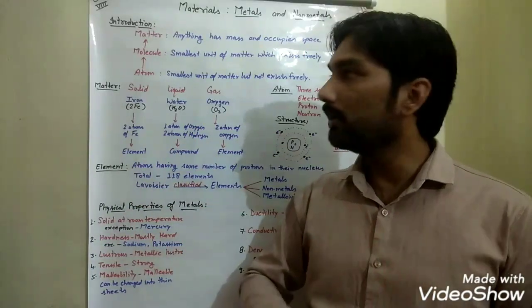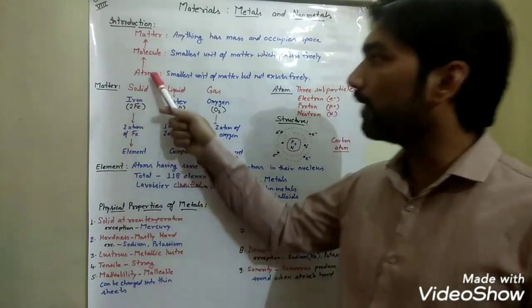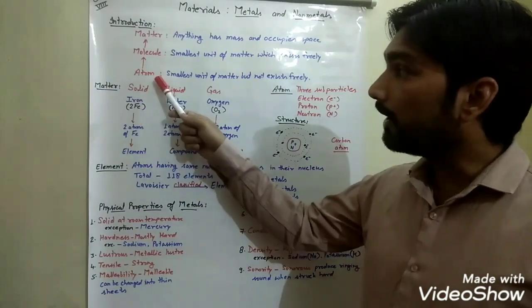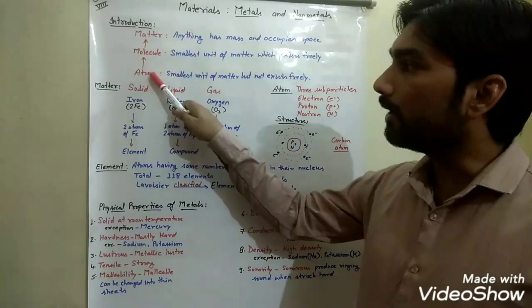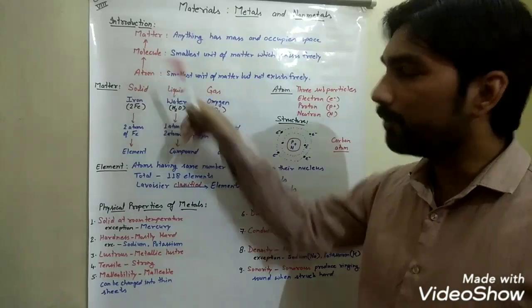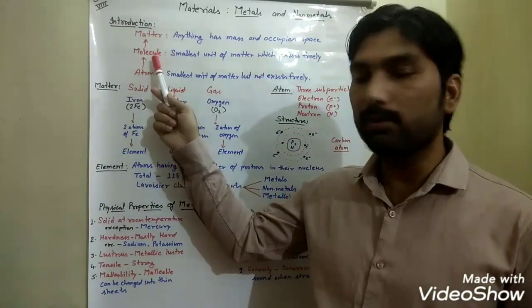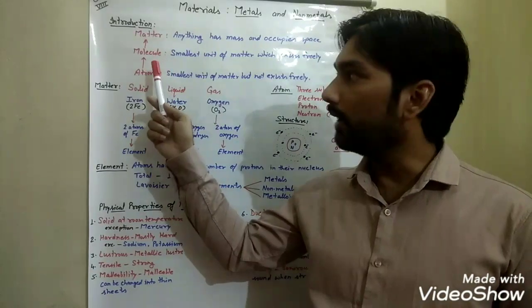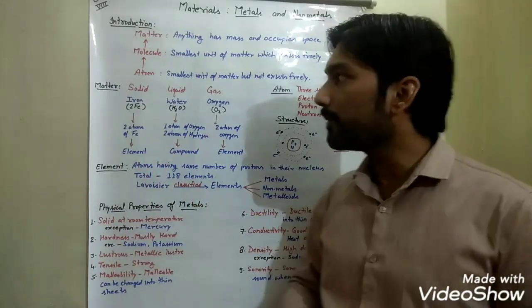Molecules are also made up of smaller particles known as what? Atoms. Atoms are the smallest unit of matter, but the problem is that atoms can never exist freely. They have to combine together to form molecules, and these molecules can exist freely, and many molecules combine together to form matter.